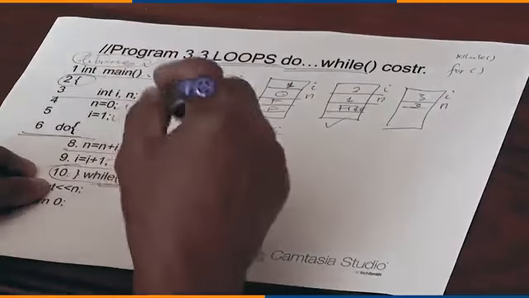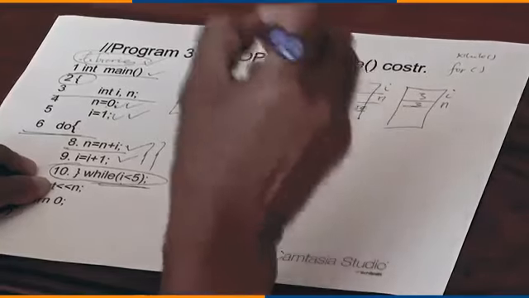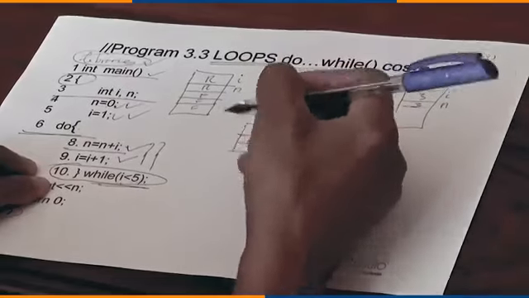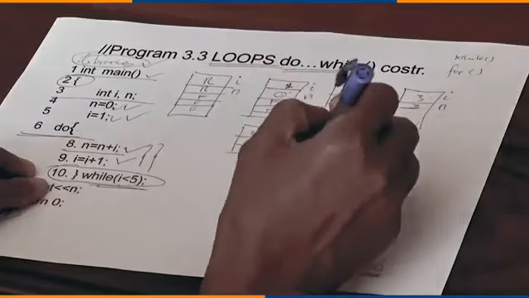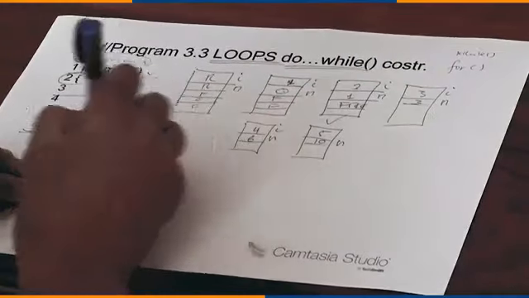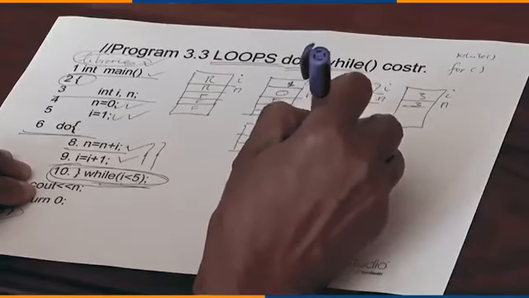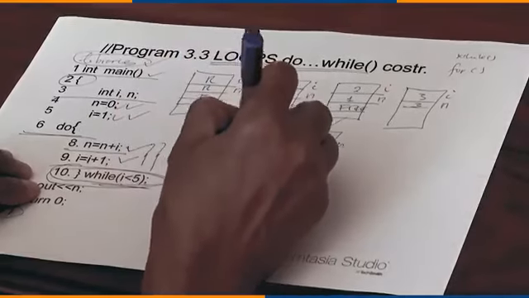Yes. So the loop will repeat. n is equal to n plus I, that is 10. And I is equal to I plus 1. This becomes 5. And then the condition will be checked. Is I less than 5? No, I is equal to 5 and it is not less than 5.